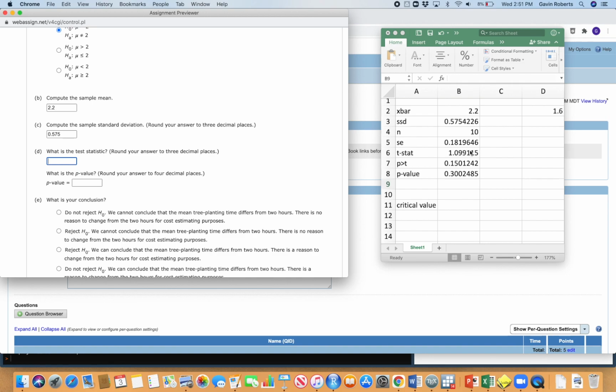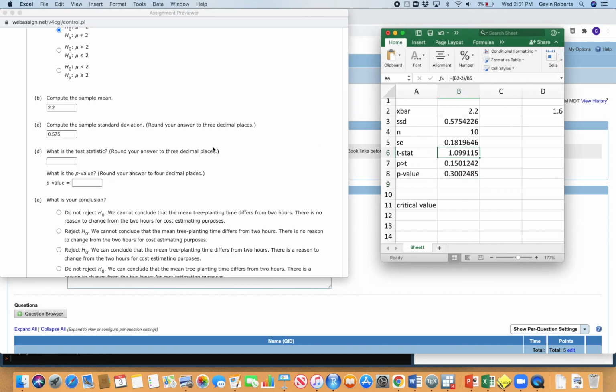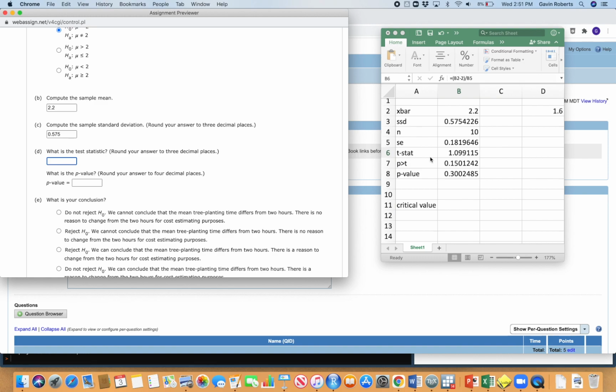The test statistic is this t-stat right here. Note that this t-stat and the z-stat calculation is basically exactly the same. It's just whether you're using sample or population. What is it? 3 decimals is 1.099.